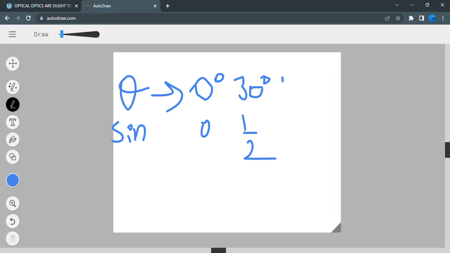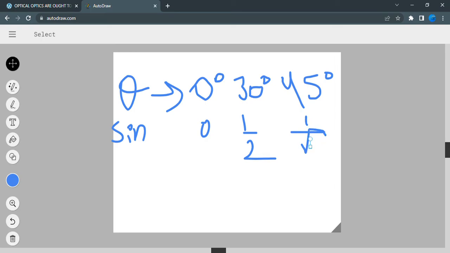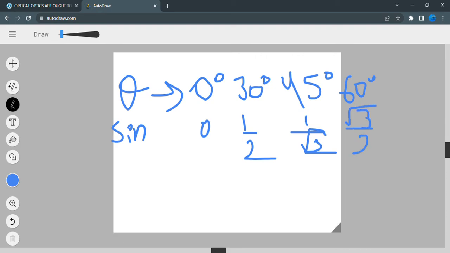For 45 degrees, it is going to be 1 by root 2, while for 60 degrees and 90 degrees, it is going to be root 3 by 2 and 1 respectively. We'll have to learn the values for sine theta, as there are shorter ways to remember the other values.